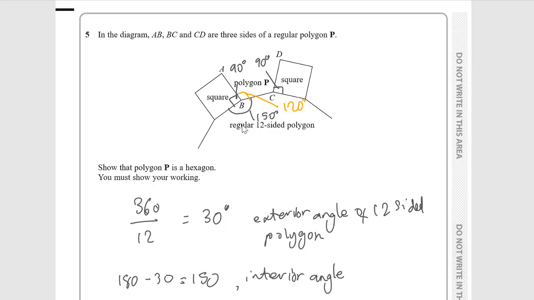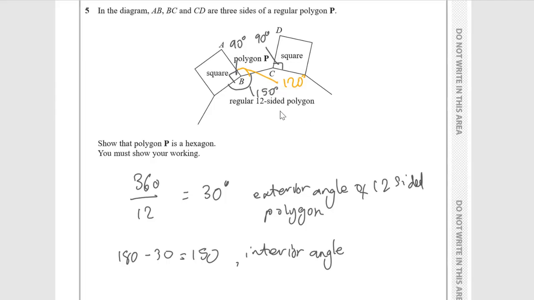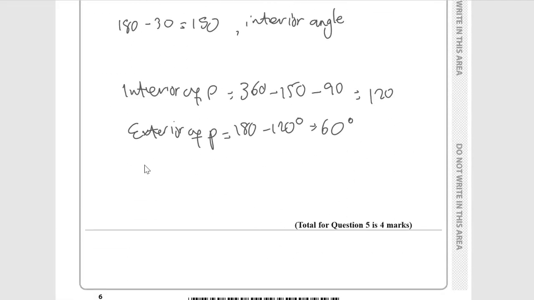So we know the exterior angle is going to be equal to 60. And if we say 360 divided by 60 equals 6, then P has 6 sides, therefore it's a hexagon.